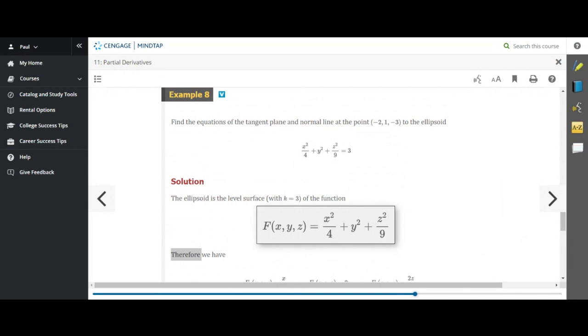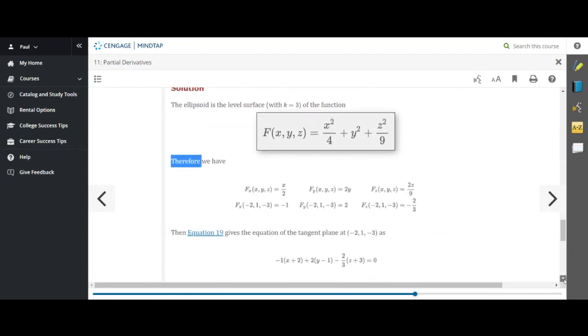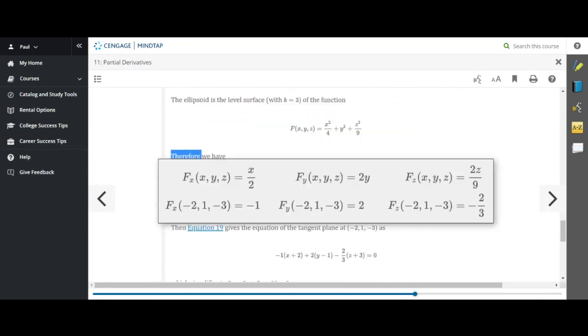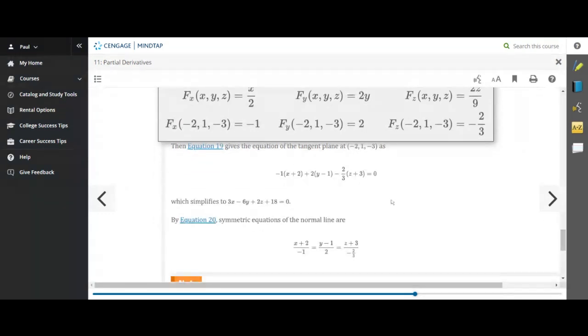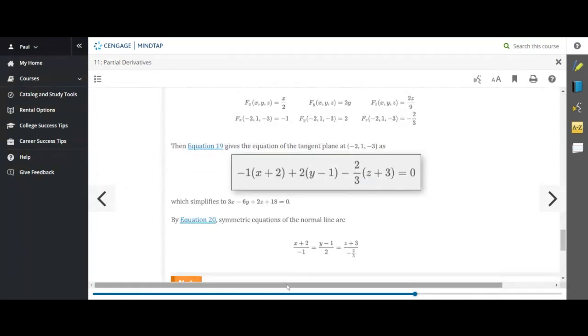But now we want the equation of the tangent plane to that ellipsoid at the point (-2, 1, -3). So we take these partial derivatives of the function, evaluate them at the point (-2, 1, -3), and then we can construct the equation of the tangent plane.